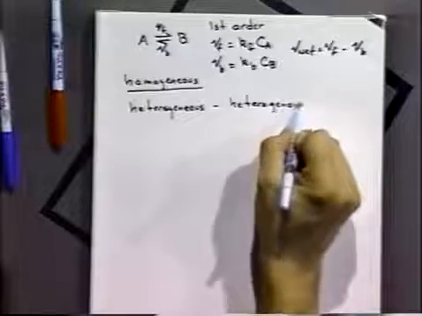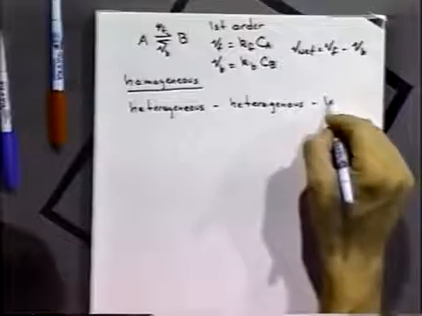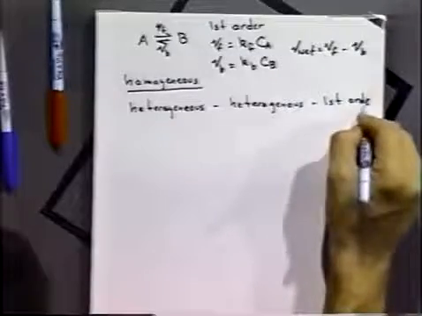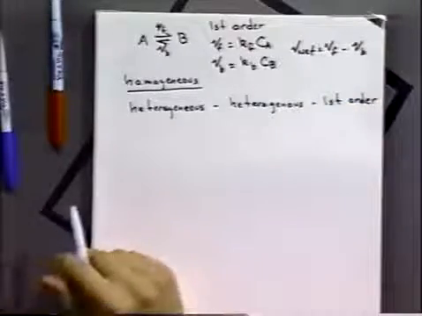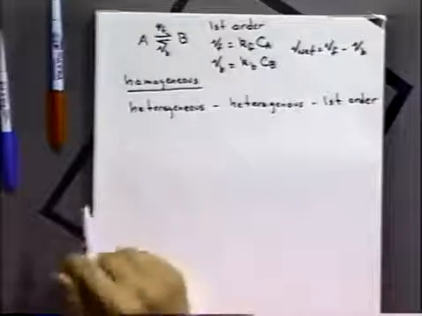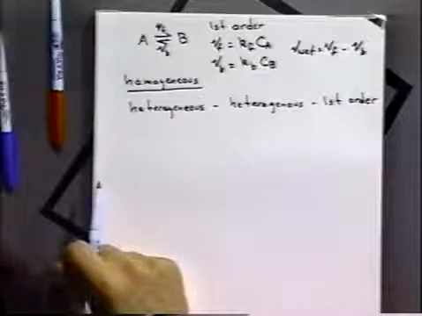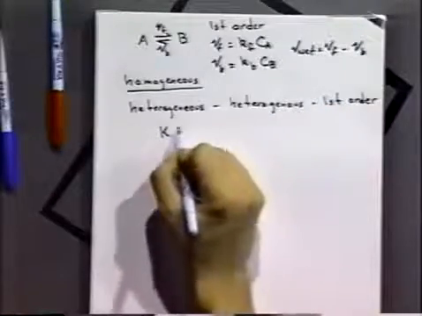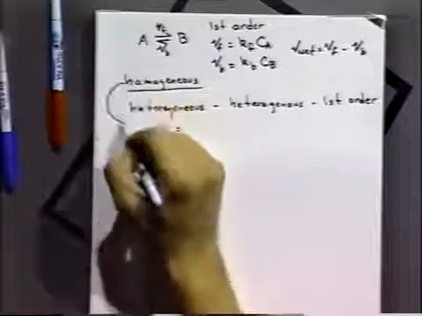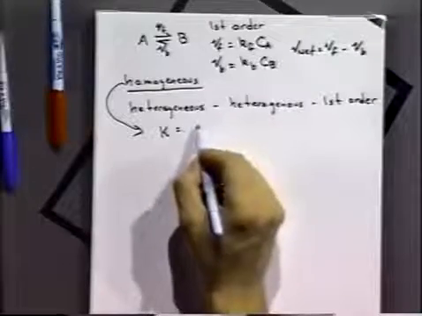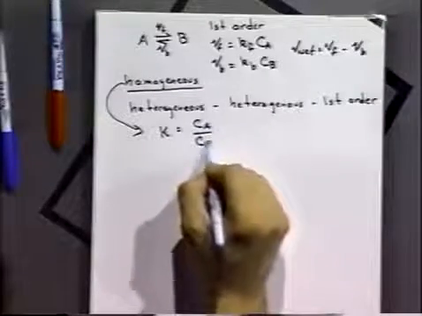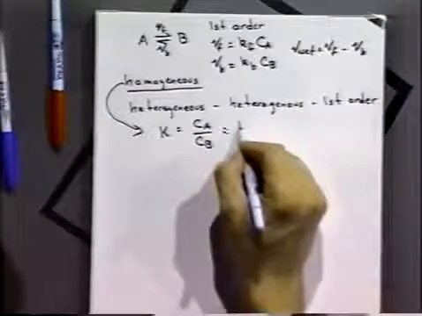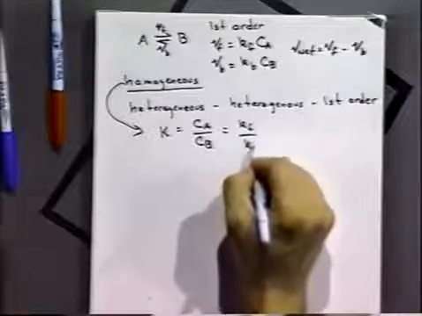Now, heterogeneous kinetics are first order as a rule. And so by looking at first order homogeneous kinetics, we can understand some aspects of first order heterogeneous kinetics. Again, the equilibrium constant for this homogeneous process is going to be equal to Ca over Cb for this first order process, and that's going to be equal to Kf over Kb.